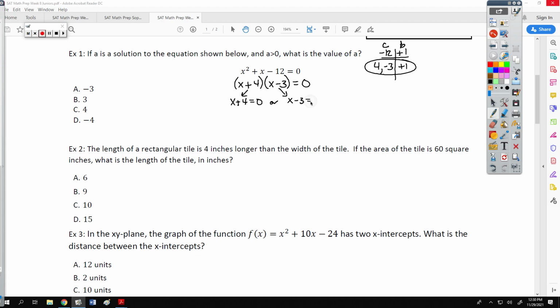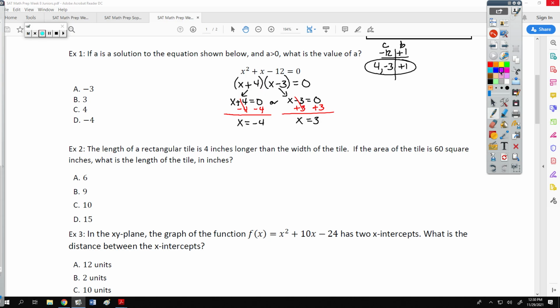So either x plus 4 equals 0 or x minus 3 equals 0. So that allows us to solve and get both of our answers. The first equation, we would subtract 4 from each side. The second equation, we would add 3 to each side. That gives us solutions of x equals negative 4 and x equals positive 3.